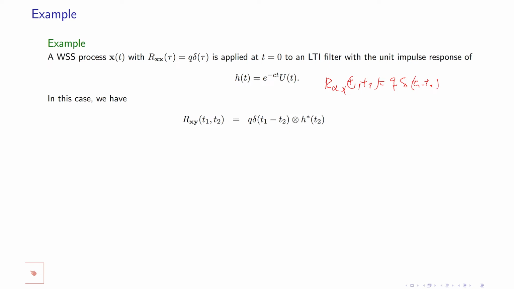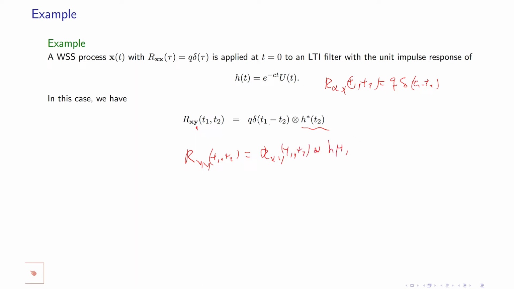So if I convolve this with h of t2 conjugate, I convert these to Rxy, and then I know that Ry of t1 and t2 is equal to Rxy of t1 and t2 convolved with h of t1.